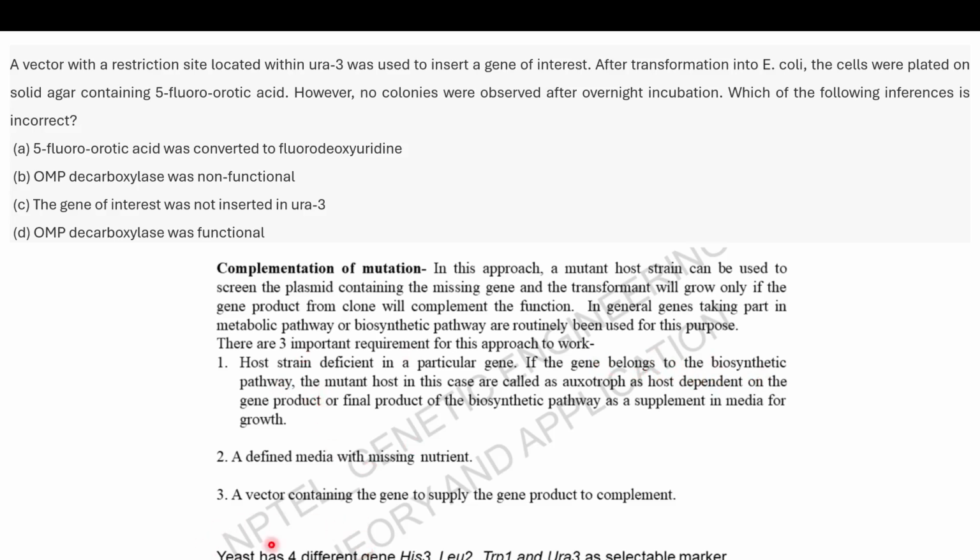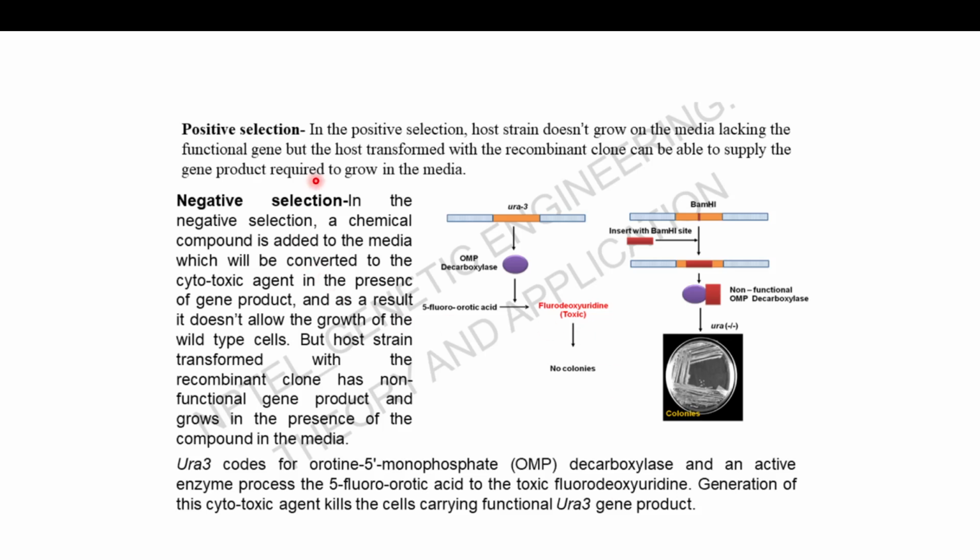Okay. So in yeast, there are four different genes, HIS3, LEU2, TRP1, and URA3, used as selectable markers. One is positive selection. In positive selection, the deficient host strain doesn't grow on media lacking the functional gene.